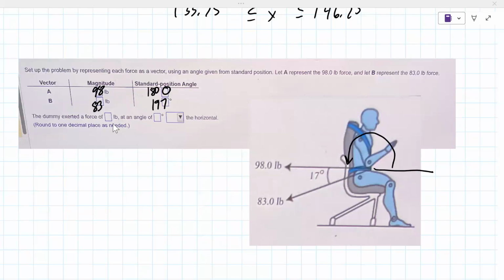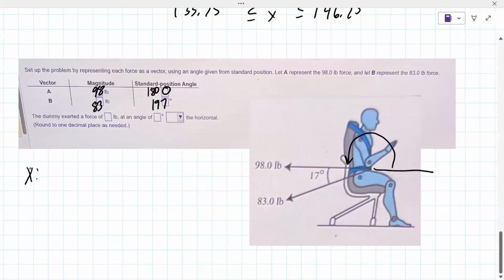So the next part is we're trying to figure out what the net angle is. To do this, you're supposed to resolve both vectors into their horizontal and vertical components. How to do that?